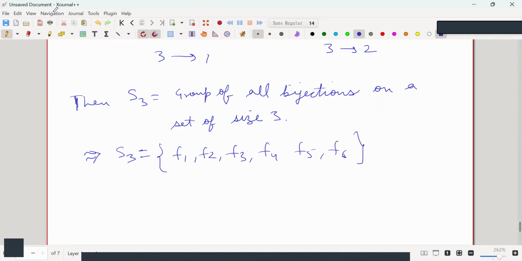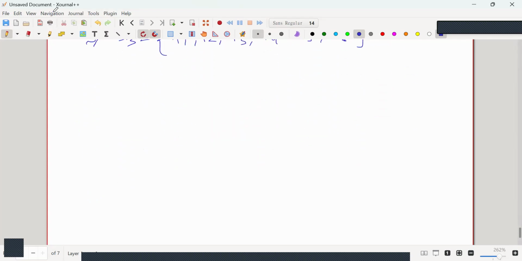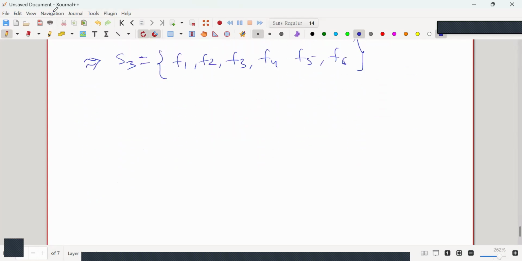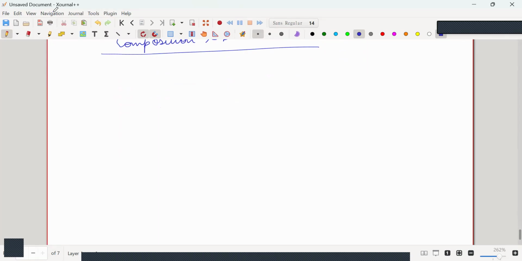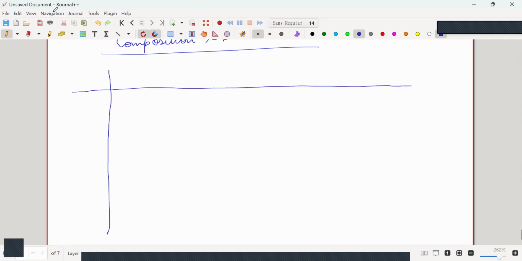Now we want to obtain the composition table for S3. So what is the composition table? It's a table with number of rows equal to the number of columns, and that is same as the number of elements in the group.